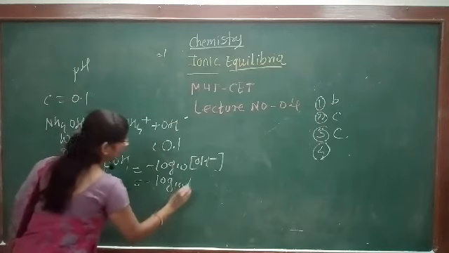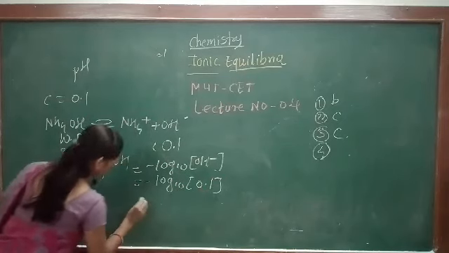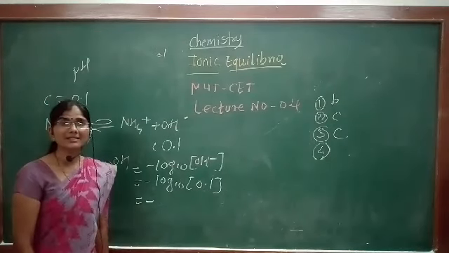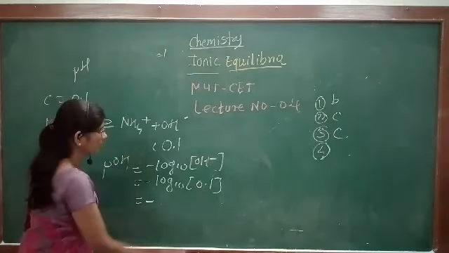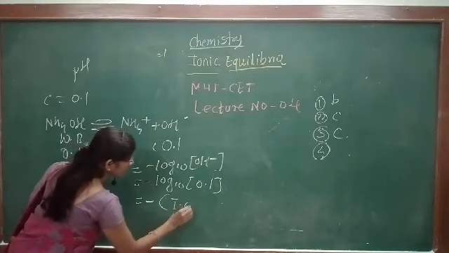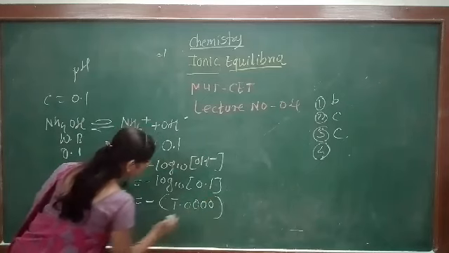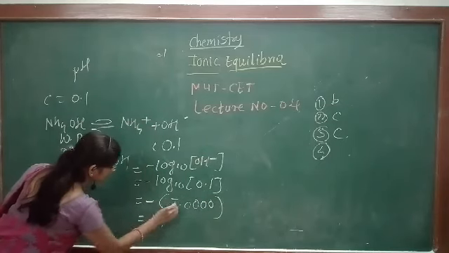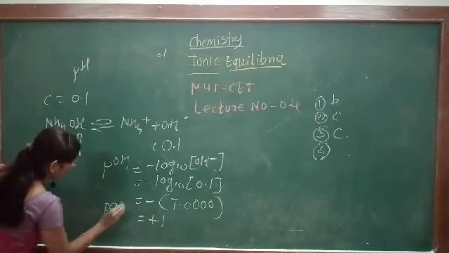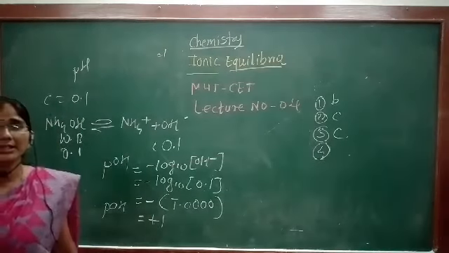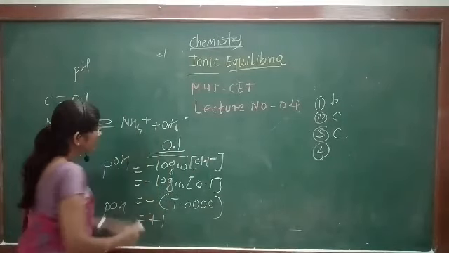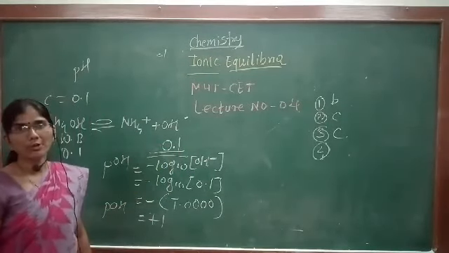Up to here we consider 0.1. If it is 0.1, then as we discussed in the first MCQ, what is the log of 0.1? Bar 1.000. Then what is the answer? Minus minus will become plus. So what is the pOH of this solution? 1. If it dissociates completely, we have to take the concentration as 0.1.